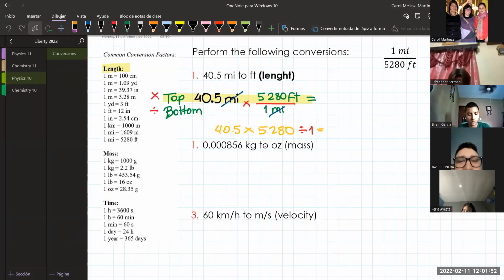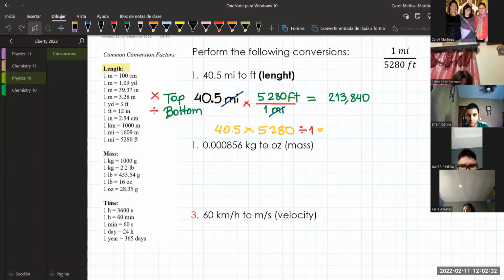How much is this? 213,840. The units that I'm going to write are those that I didn't cancel.